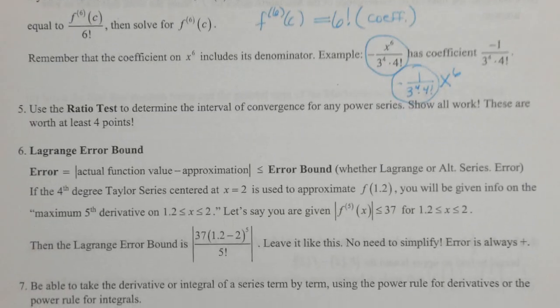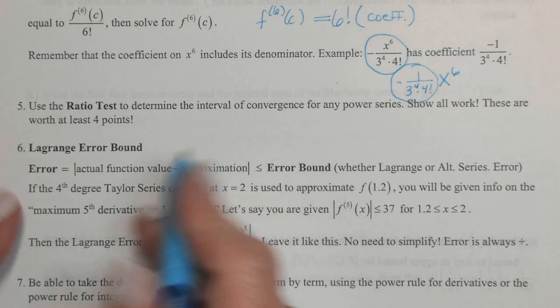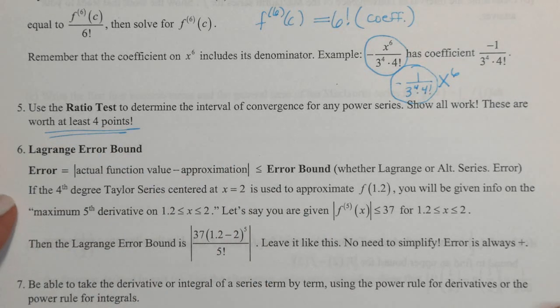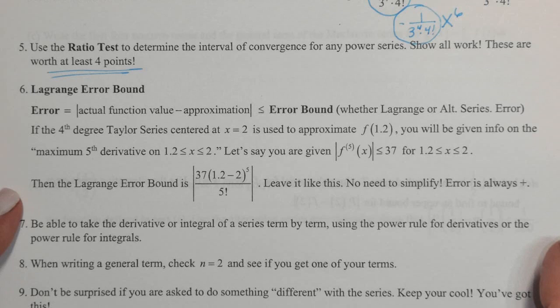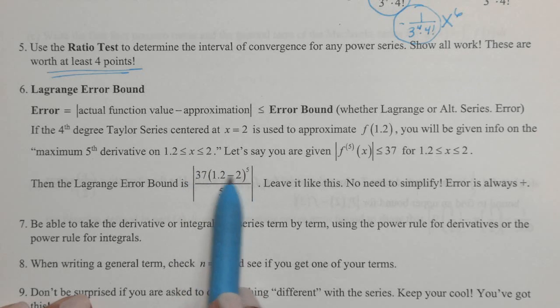All right. The ratio test is used to determine the interval of convergence for any power series. Show all of your work: at least 4 points, sometimes 5. Lagrange error bound works very similarly to how the alternating series error bound works. The only difference is that Lagrange is always in the form of a Taylor series term: derivative times x minus c to a power divided by a factorial.